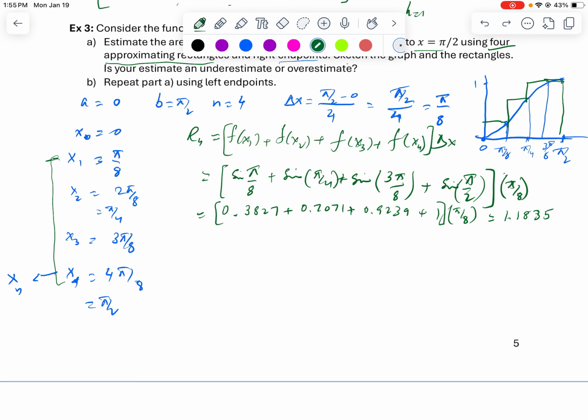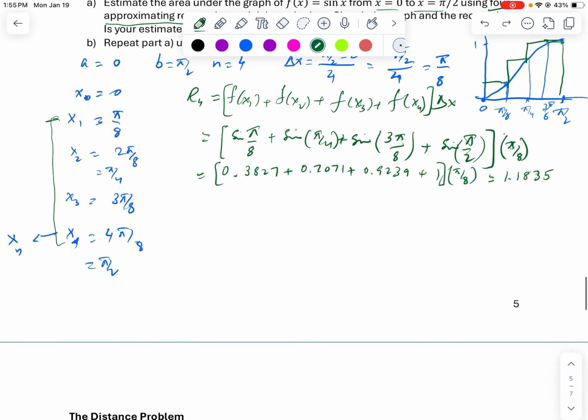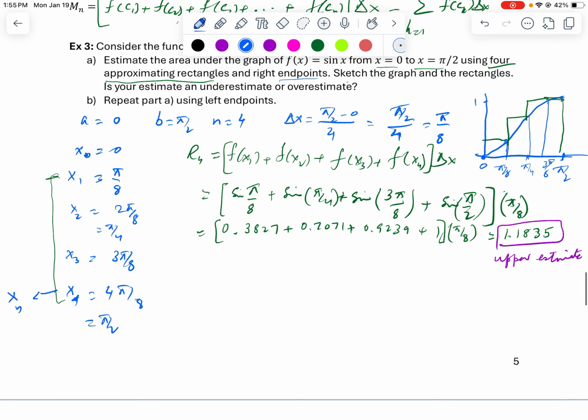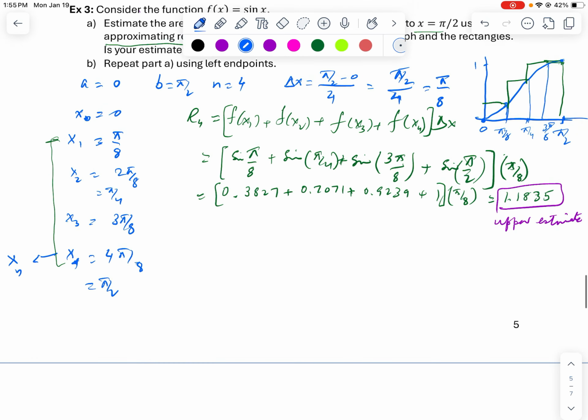We are getting extra area. So this is an upper estimate. Next, we are going to look at the same situation but from the left-hand points.